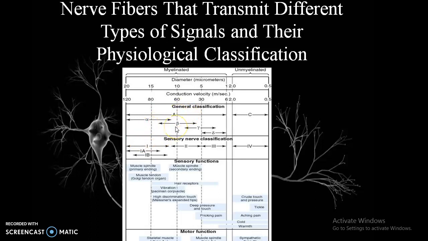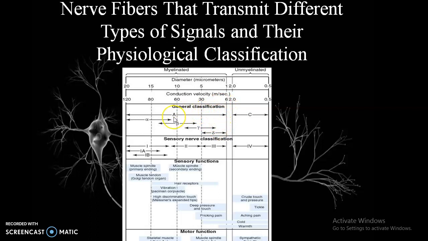If you recall, this is the classification of nerve fibers, and the special types of sensory receptors transmit their signals in A beta fibers, with a conduction velocity of 30 to 70 meters per second. The free nerve endings of the tactile receptors transmit signals mainly by A delta type nerve fibers with a conduction velocity of 5 to 30 meters per second.